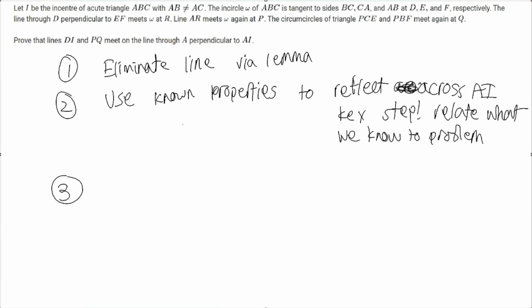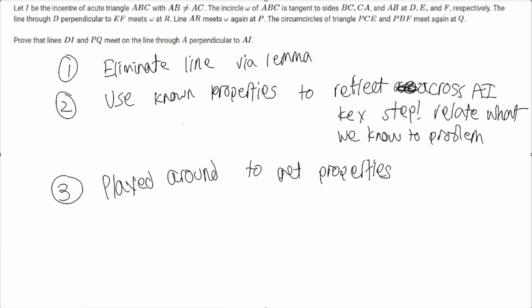It relates what we know to the problem. And then the third step that we did was try to find more information about the point Q prime, which is a reflection. And then we just played around to get properties about Q prime. And instead of proving those properties, we go to step 4, where we redefine a point such that it satisfies the properties.